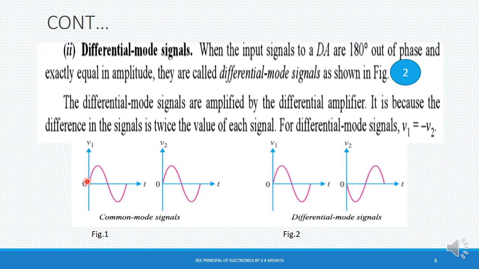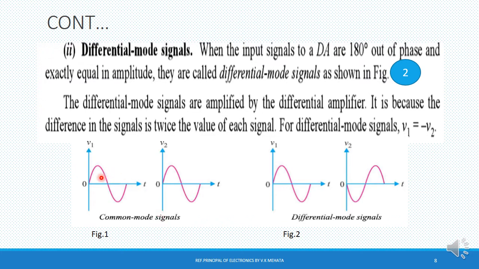It starts from 0, and this also starts from 0. This also starts from the positive side and this also starts from the positive side. Amplitude is also the same. So these types of signals are called common mode signals.